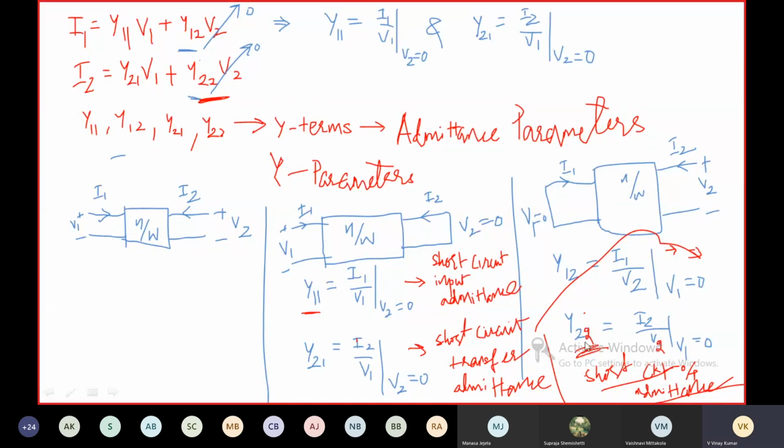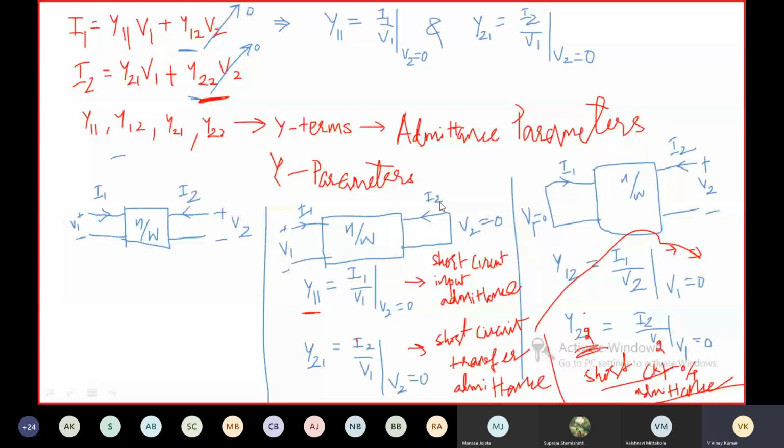Y12 and Y22 can be obtained by short circuiting port 1. Means all Y parameters can be obtained by short circuiting either port 1 or port 2.